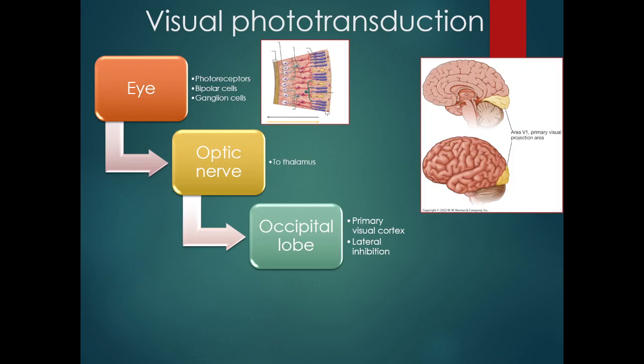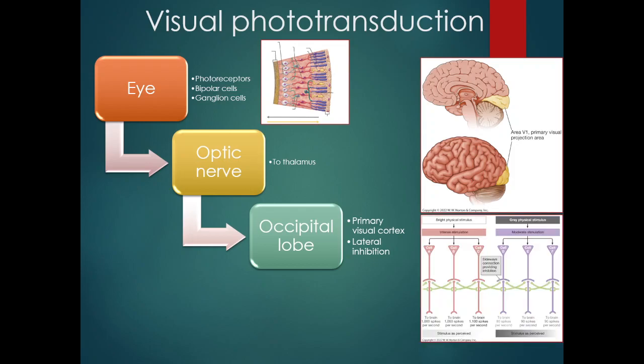Something that's really important to know about how the primary visual cortex operates is that it displays what's called lateral inhibition. So here's a little bit of a diagram. This is from our textbook, so there's more explanation exactly about this diagram in the textbook.